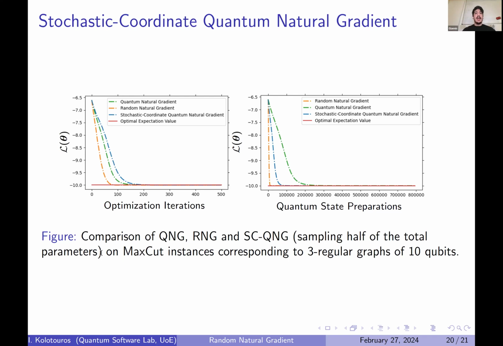And as you can see, while the stochastic-coordinate quantum natural gradient needs more optimization iterations to converge, the actual quantum states that you need to prepare is much smaller. So it's more practical than the quantum natural gradient. And these figures correspond to max cut instances of three regular graphs of 10 qubits.